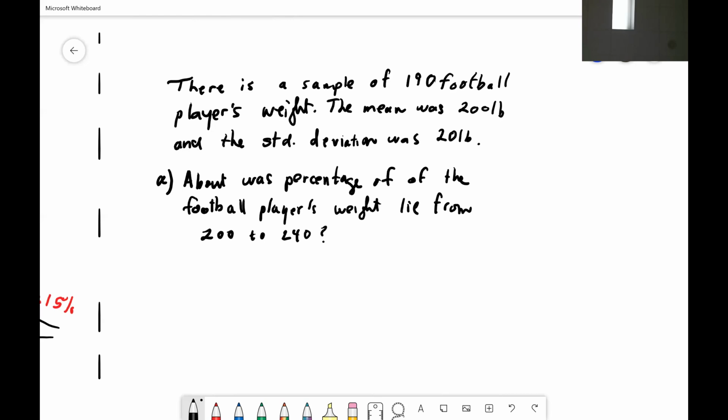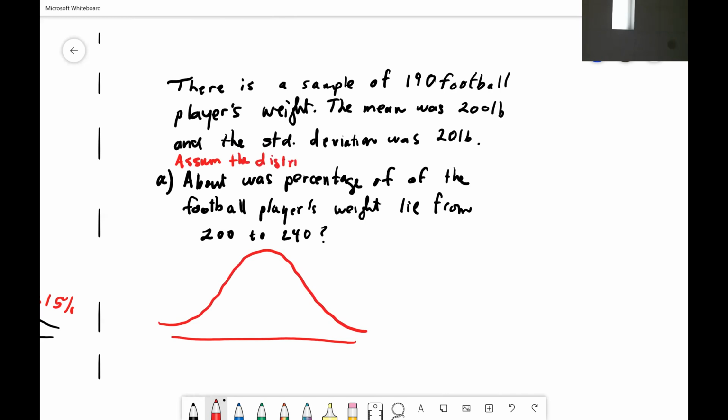So what I would expect you to do on a question like this is make a quick sketch of the situation. Now, a very important thing I should add to this question: I would have to say, assume the distribution is bell-shaped. I should do that.